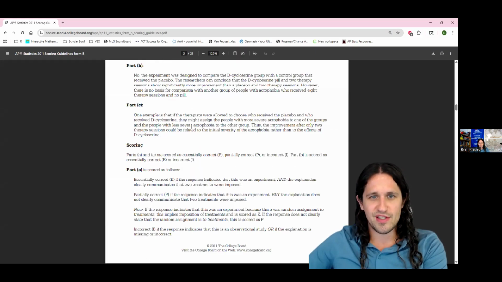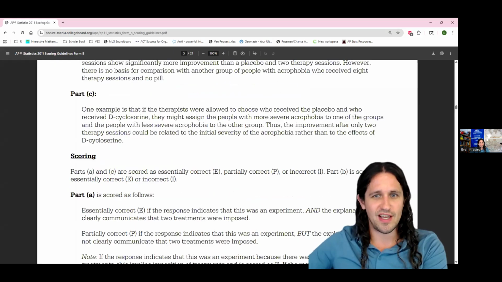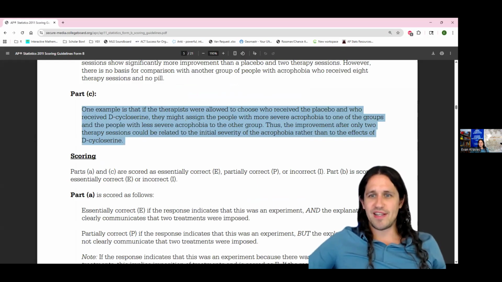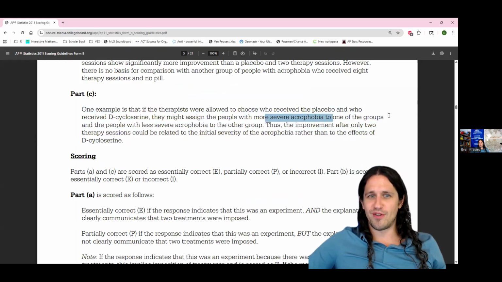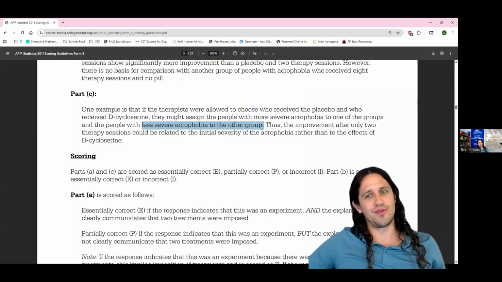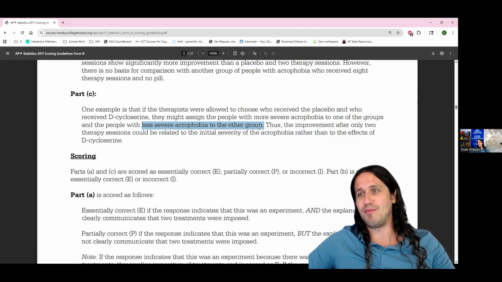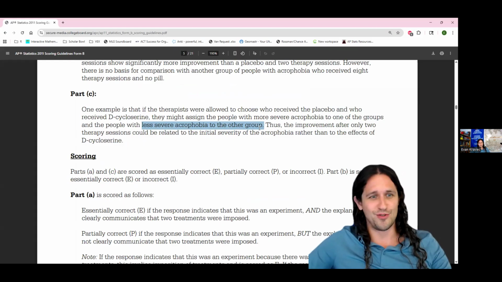So what is the problem? One example is if the therapists were allowed to choose, what could happen? They might assign the people with severe acrophobia to one of the groups and the less severity to the other group. What do they want to do? Therapist wants to look good, wants to look like they're good at therapy. How can they look good at therapy? Give the people that don't need much therapy the drug. Okay, the drug is amazing.